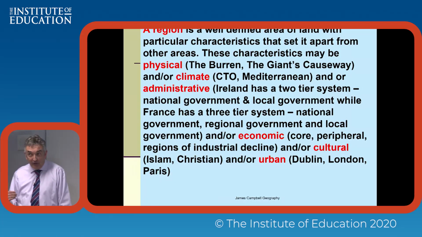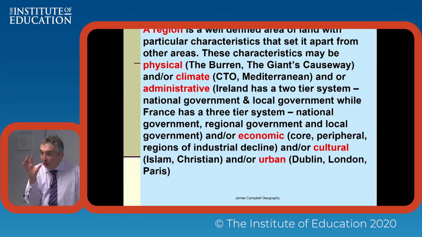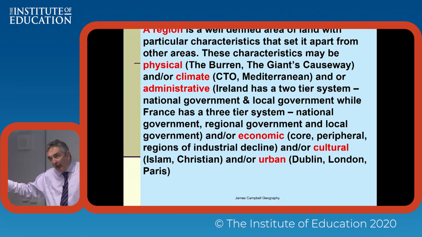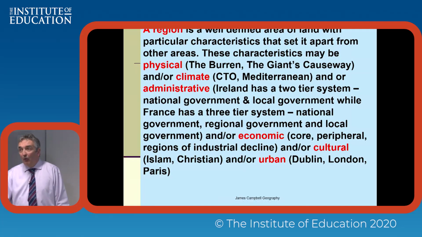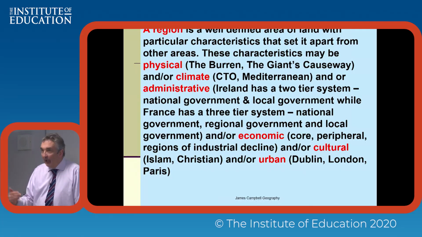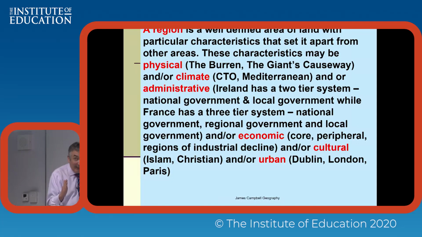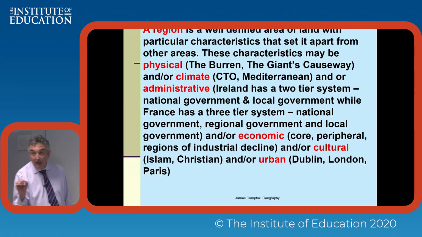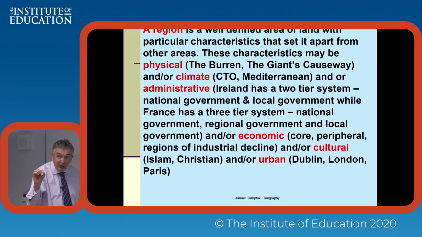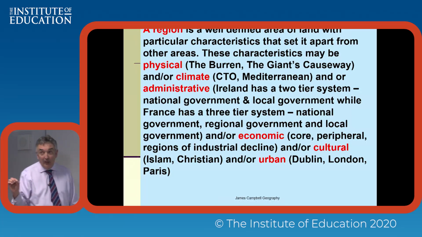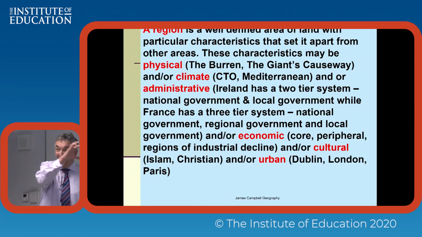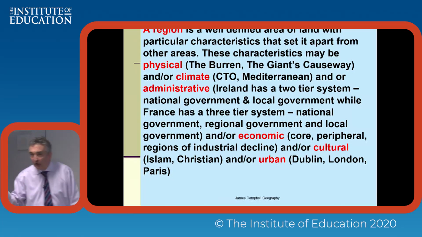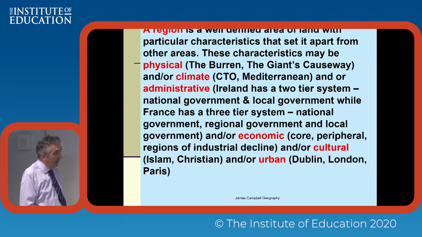In Spain, for example, we have the main group of Spanish speakers, but out in the east of Spain, we have Catalonia, where the people speak Catalan, and in the northern Basque region, we have people there who speak Euskera. We also have religious cultural areas. For example, we have the Islamic world, and then we have the Catholic, Protestant, Christian world, guys.